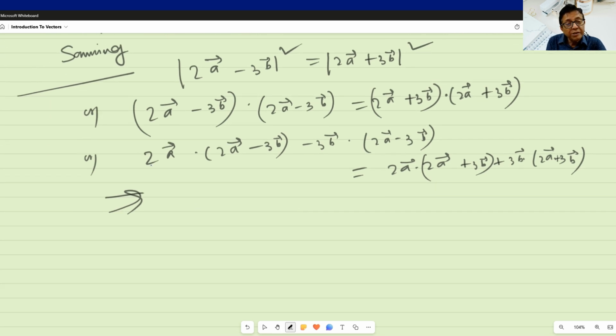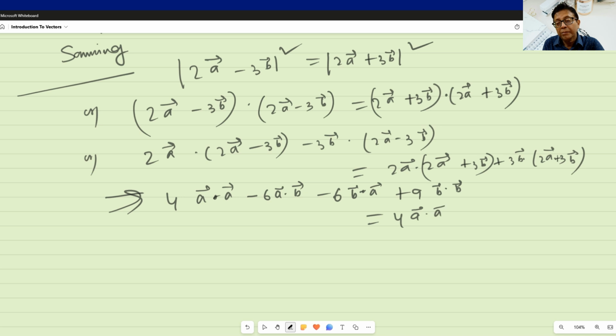Open the bracket. 2a dot 2a is 4 a dot a, minus 6 a dot b, minus 6 b dot a, plus 9 b dot b equals 4 a dot a, plus 6 a dot b, plus 6 b dot a, plus 9 b dot b. Alright, done?